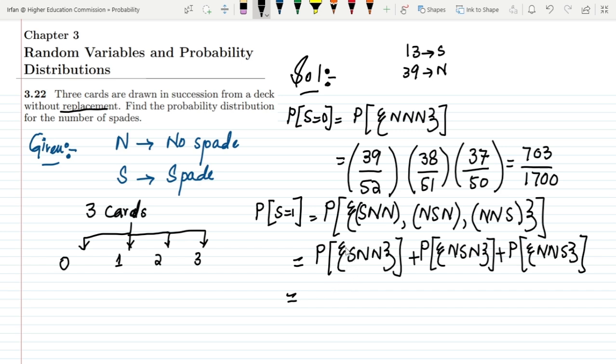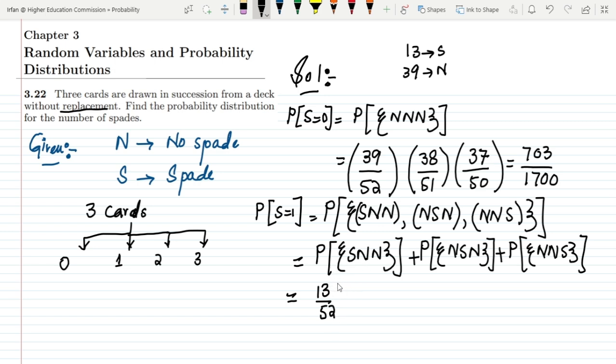The probability of the first one being a spade will be 13 out of 52.